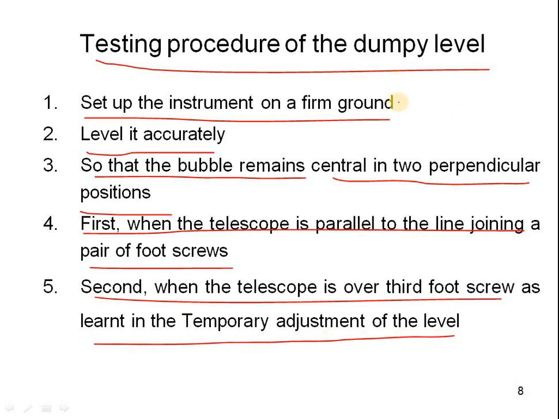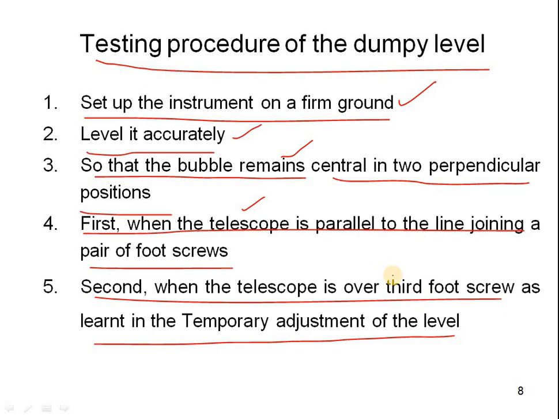First we set the tripod stand on the ground, next keep the dumpy level on it and level it accurately, and the bubble tube should come to the center of the instrument. After that, focus the telescope on an object or a white paper clearly.